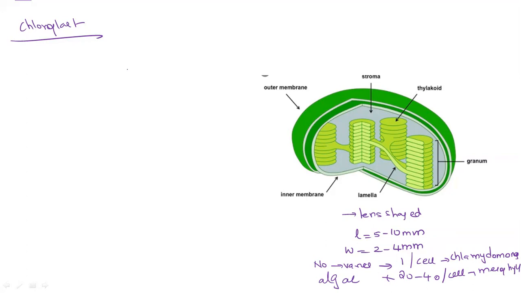What you need to remember in chloroplast is, like in mitochondria, they have an outer membrane and an inner membrane, so it is double membrane bound. Remember, the outer membrane is more permeable, whereas inner membrane is less permeable. Inside you can see stroma and stacks of grana.